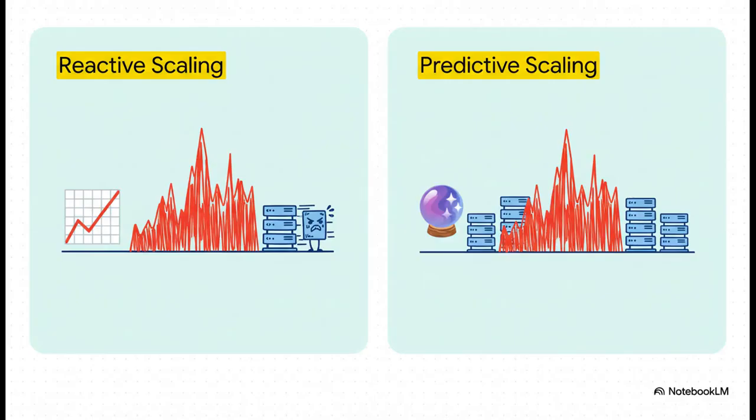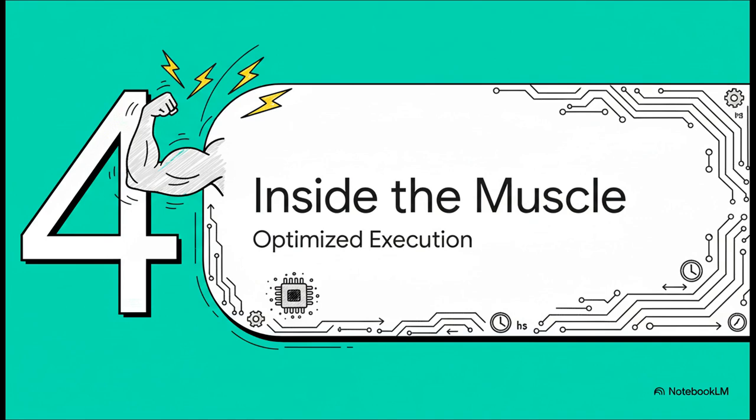And this right here is where things get really cool, especially with auto-scaling. So instead of just reacting to a sudden traffic spike after it's already started, which causes delays, the brain uses predictive scaling. It actually anticipates the demand and adds more resources before you even need them. Pretty smart, right?